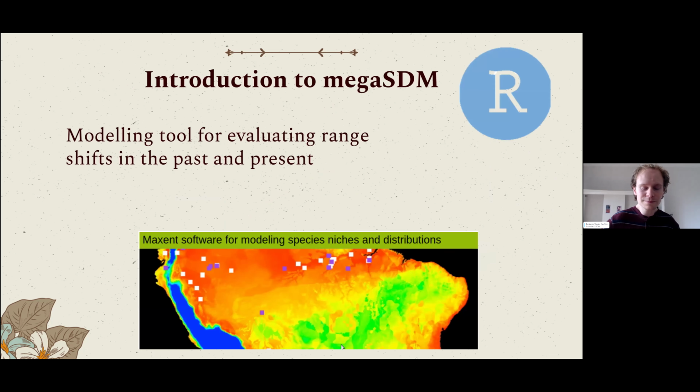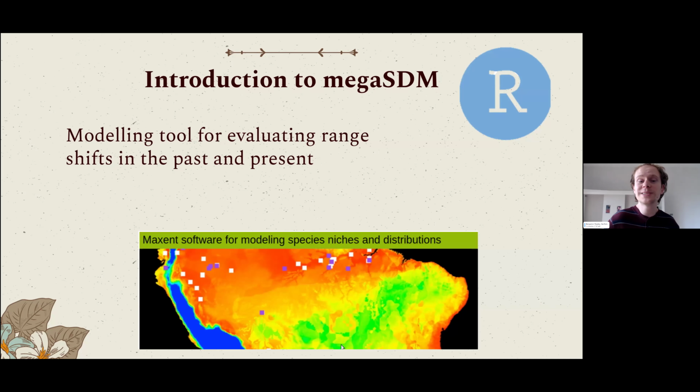So as a result, I and several of my colleagues at Georgia Tech developed MegaSDM, which is a modeling tool that attempts to bridge the gap between using habitat suitability models and looking at how that actually influences where the species change along the landscape.